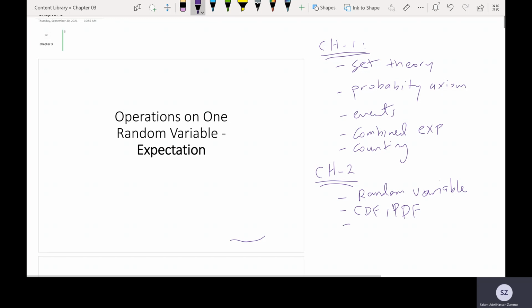And then we talked about different random variables. PDF is probability density function. It can be a set of deltas, it can be continuous, depending on whether it's discrete or continuous.